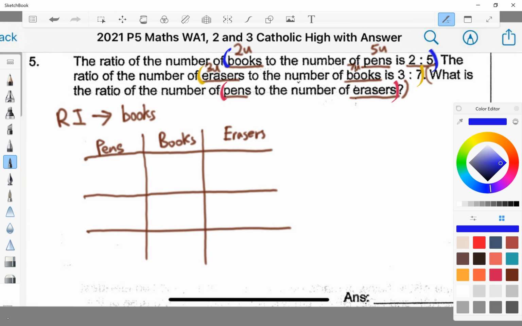Since books appeared twice in the first 2 sentences, books has got to be the middle, and because of that, my units for the pens will be 5 units. For books, it's actually 2 units. So we got to put them into the right boxes.